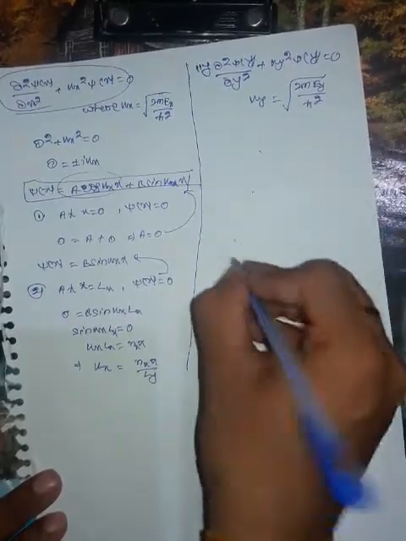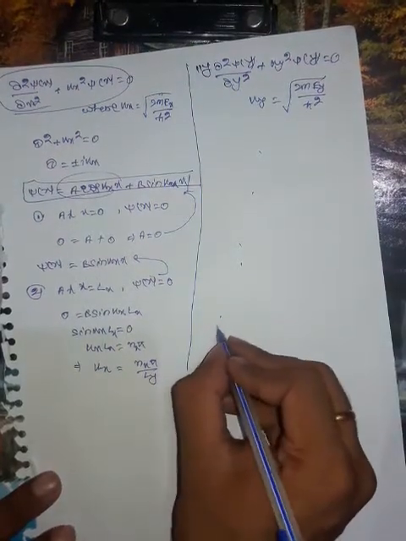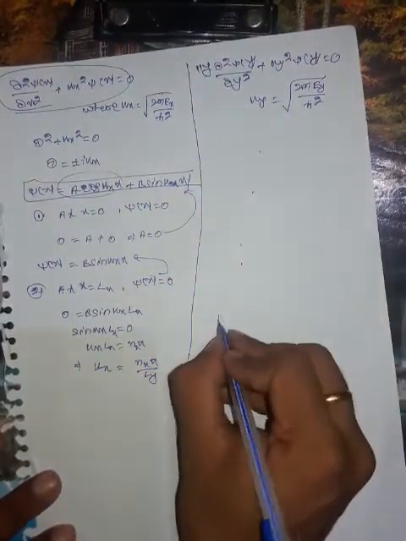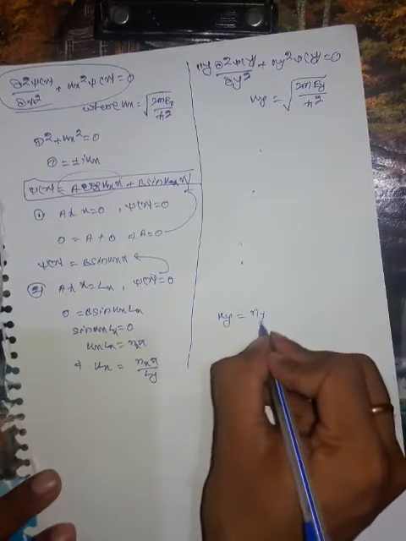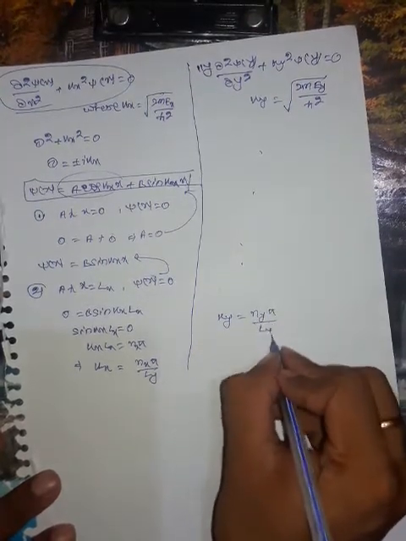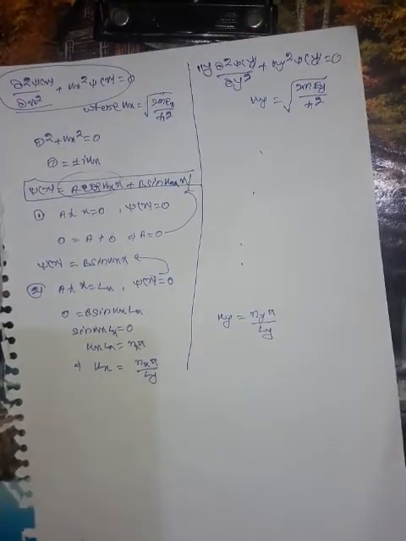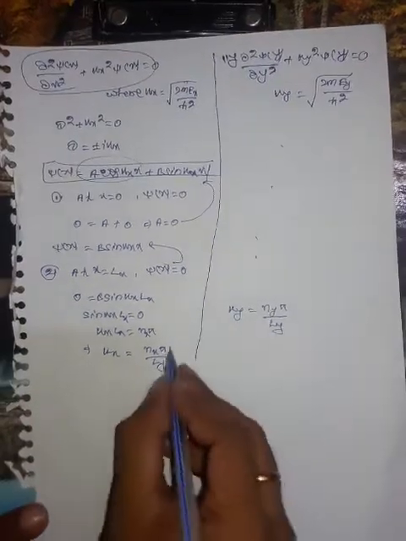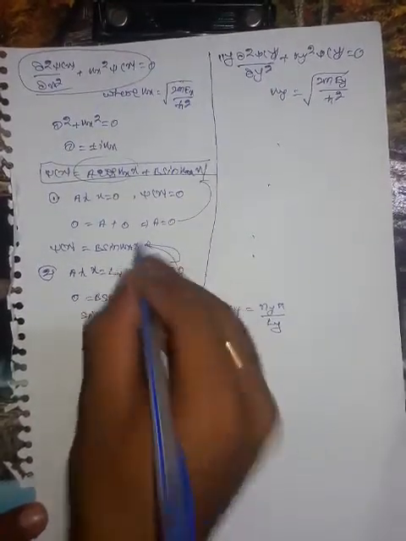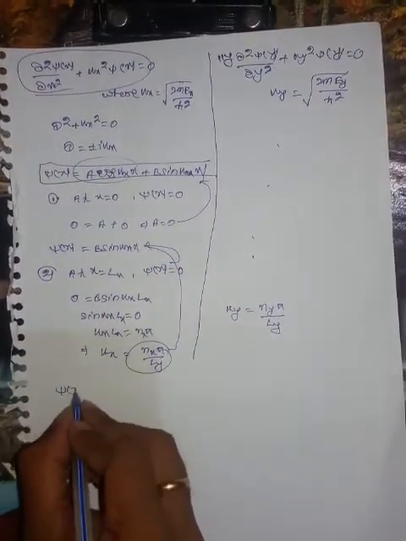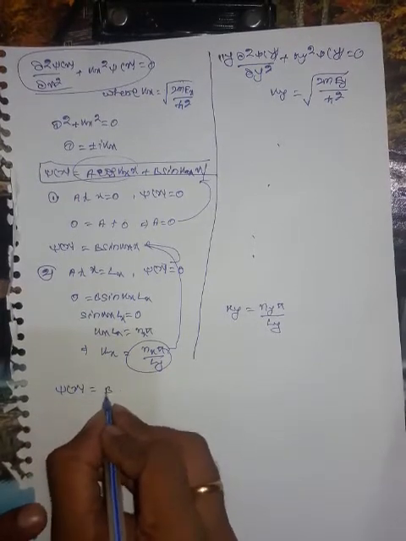Similarly, we can apply the boundary condition. We get ky is equal to ny pi divided by Ly. Okay, understand?